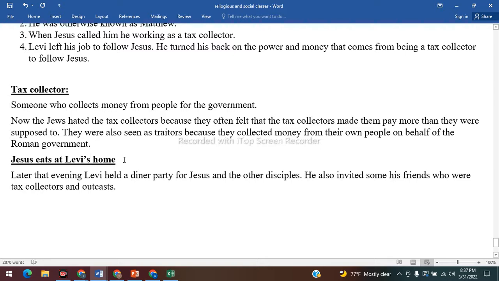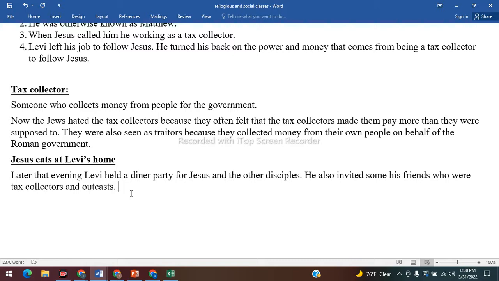We're going to finish off the notes next week. But basically, the Pharisees didn't like Jesus eating with Levi. They felt that Jesus shouldn't be associating himself with tax collectors.